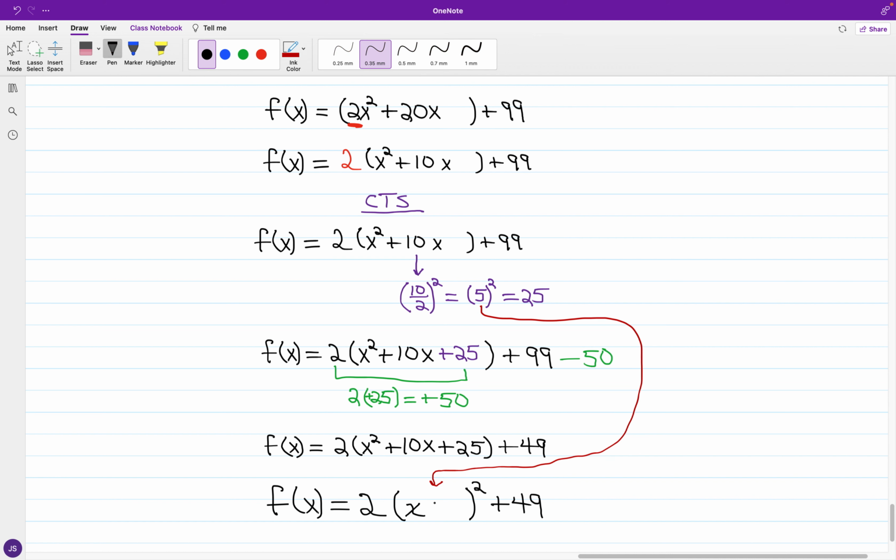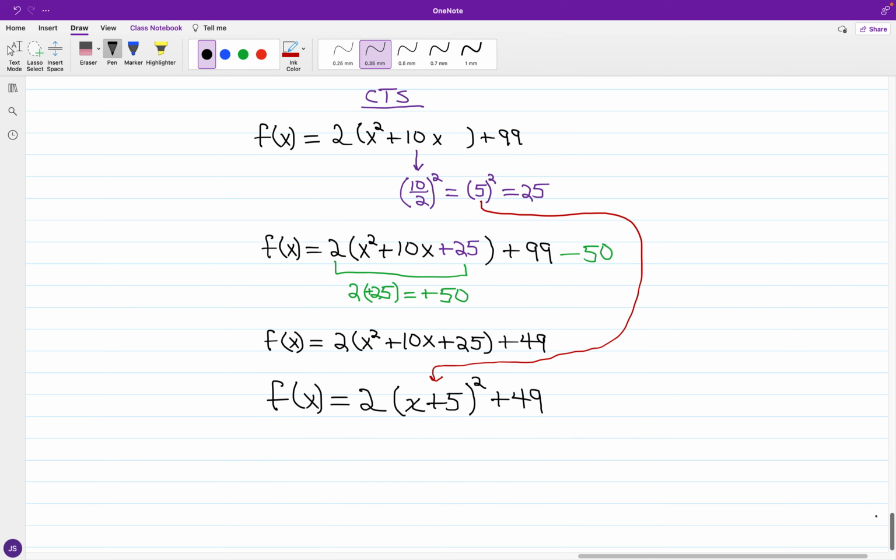So in this case, we have 2 times the square of x plus 5, followed by the addition of 49.